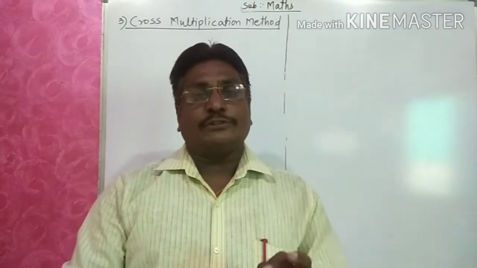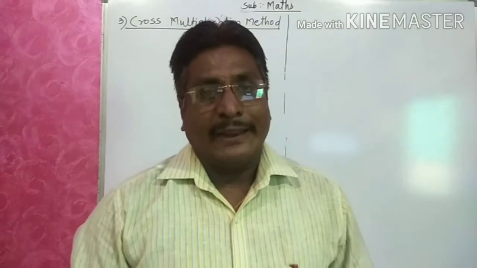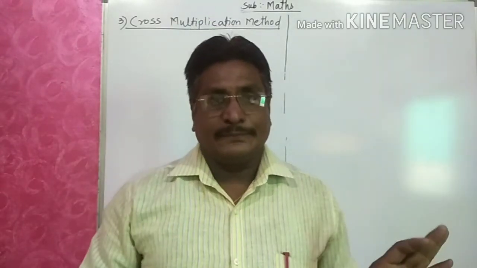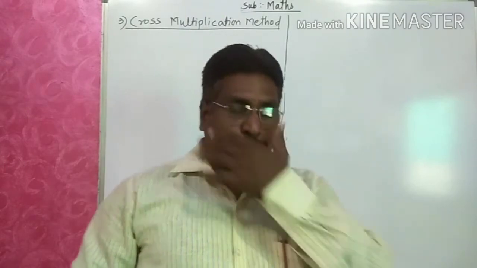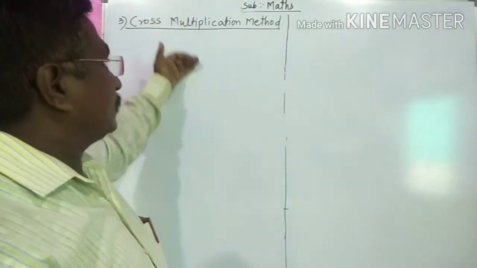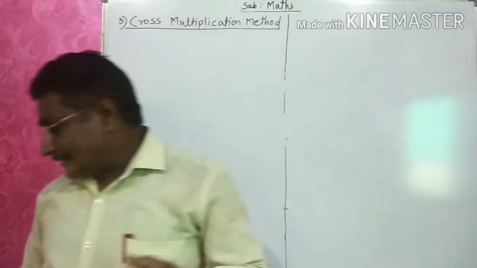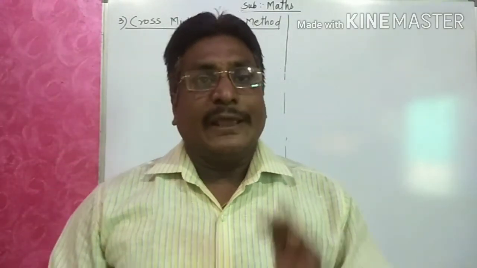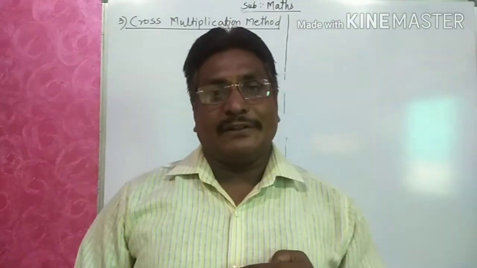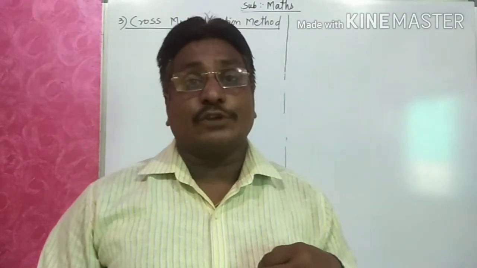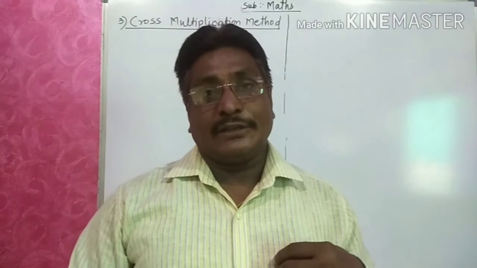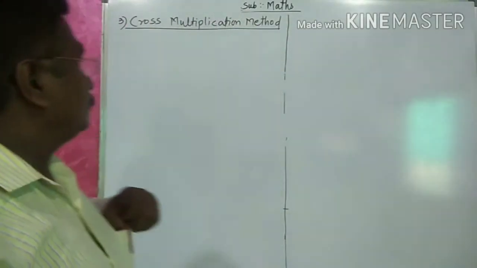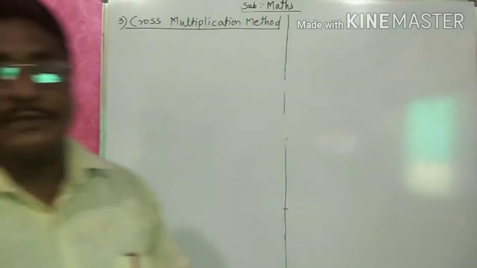Most important here is the formula. If you understand how to make that formula, then it is easy. Okay, students, so we will not discuss more on this. In the next exercise 3.5, whatever examples are given, you can solve by elimination and substitution method.